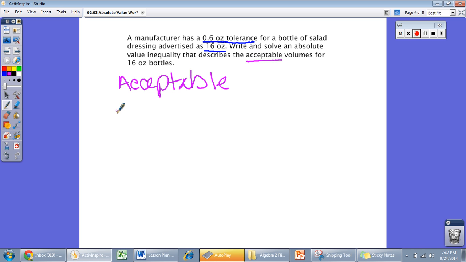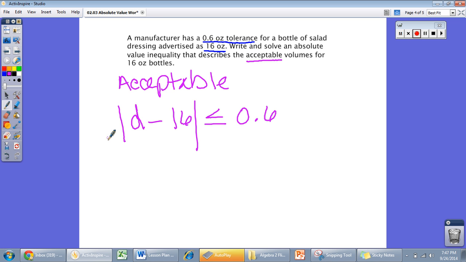So being acceptable, we know we have our product. Let's say bottle of salad dressing. Let's use D for dressing, minus the average amount. In this case, it's 16. We know the tolerance is 0.6. And being acceptable, remember, that means less than or equal to.